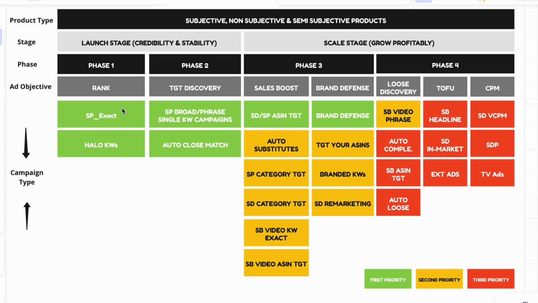Now, in rank phase, you're going to focus on sponsored products, single keyword, exact match campaigns. Now, here is the thing, ranking is the name of the game on the platform. If you really want to rank, you should not mindlessly give away a couple of units or perform any search find buys, because that is against terms of service.